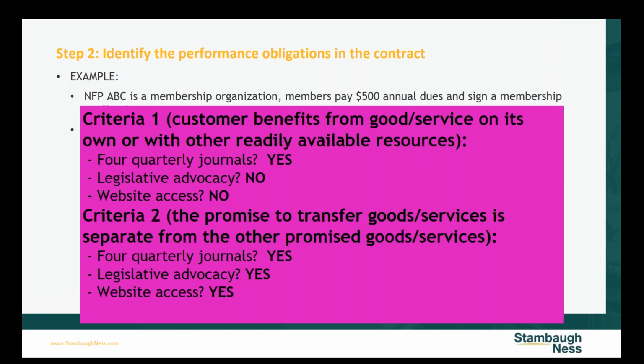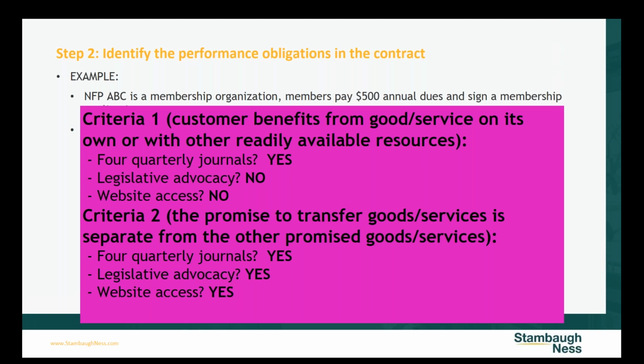The legislative advocacy and the website access, we've identified as no. In this scenario, what is being looked at is, can you really use the legislative advocacy on its own? Can you access the website on its own?